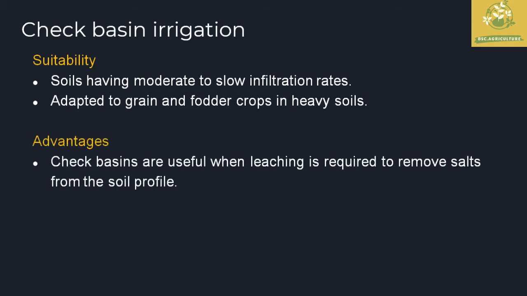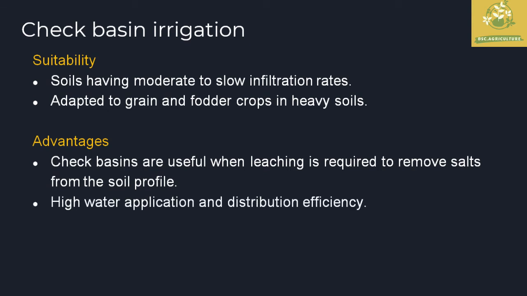The advantages: check basins are useful when the soil is leachy in salts, to remove the salts, and water application and distribution efficiency are higher in check basin irrigation. The limitation of check basin irrigation is that the labor requirement for this type of irrigation is higher. Next, furrow irrigation.